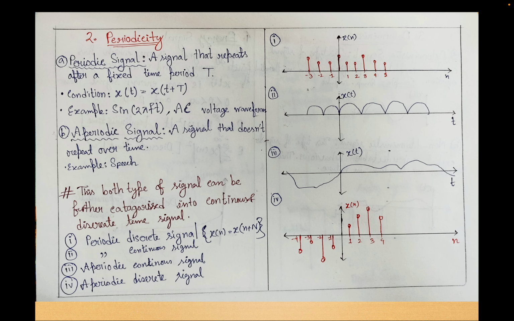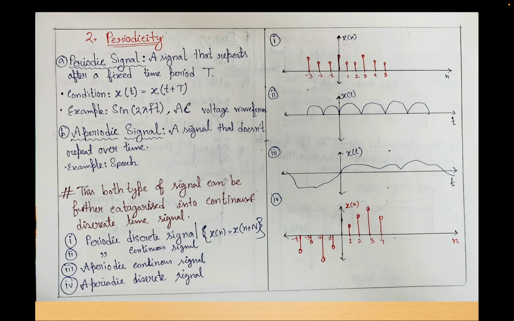Aperiodic signal: a signal that doesn't repeat over time is called an aperiodic signal. In the real world, speech or one single music note is an example of an aperiodic signal. Now, both types of signal, periodic and aperiodic, can be further categorized into continuous and discrete time signals. So now we have 4 types of periodicity type of signal.